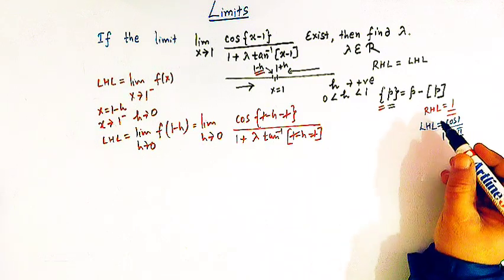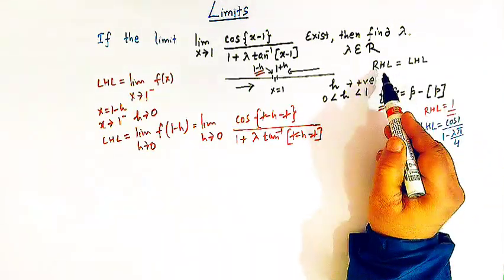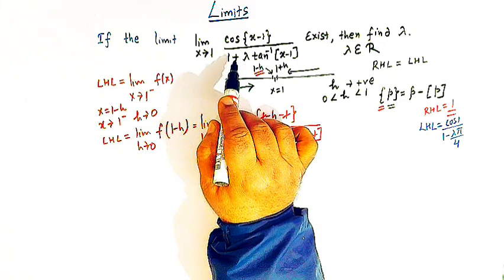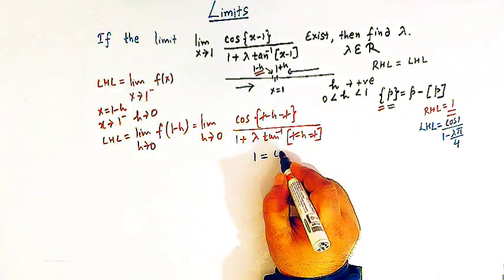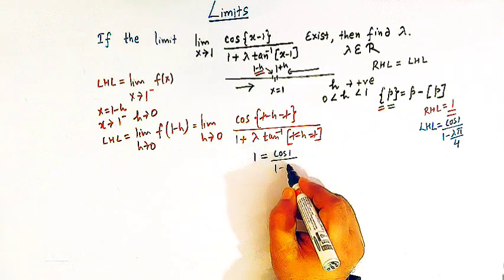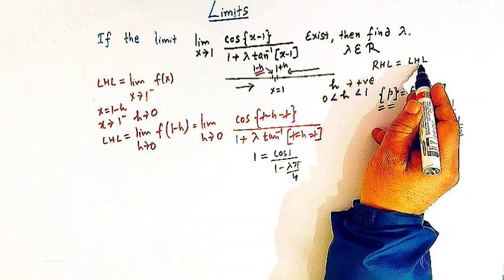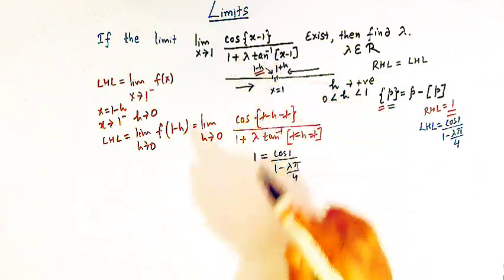So now we have obtained the value of the right hand limit and left hand limit. So equating these two limits, for the existence of this limit, we have 1 is equal to cos of 1 divided by 1 minus lambda pi over 4, because the right hand limit is equal to the left hand limit for the existence of this limit.